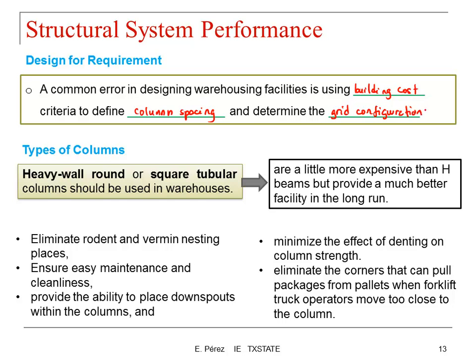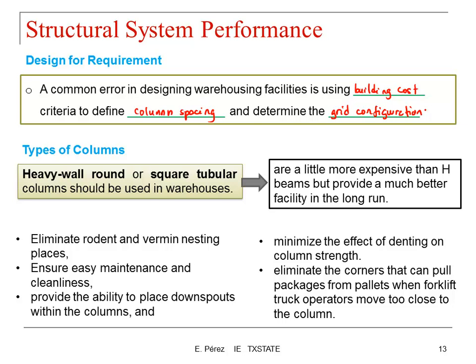In other words, this is not where you want to save money. Remember, this is going to be something that is fixed. Once you determine the location of these columns, you are not going to be able to move them. So you want to plan very carefully, and make sure that you're using the right materials and the right type of column.